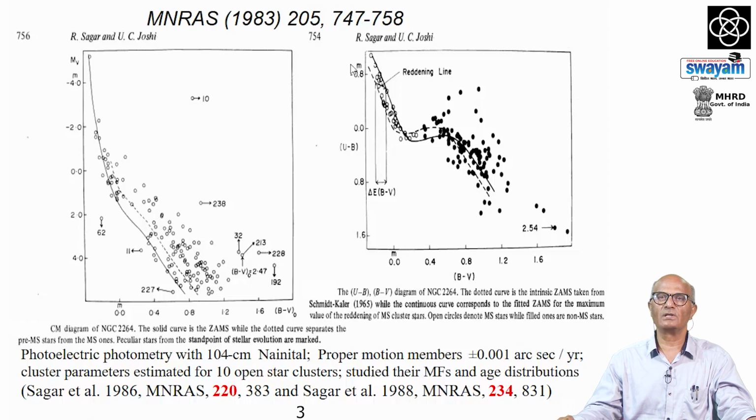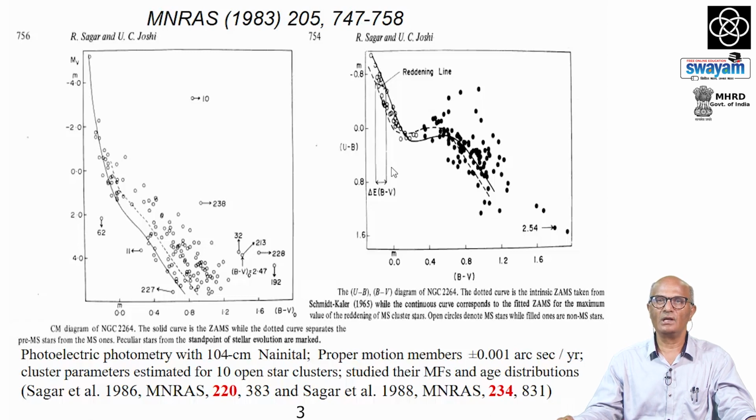And as you can see, any reddened star will have a reddening line, that is the slope at which this star will be displaced if the interstellar extinction law is applied, which I will describe in the next slide. And this reddening line in this diagram, the U minus B versus B minus V color-color diagram, has a slope of 0.72 and this slope is reflected here.